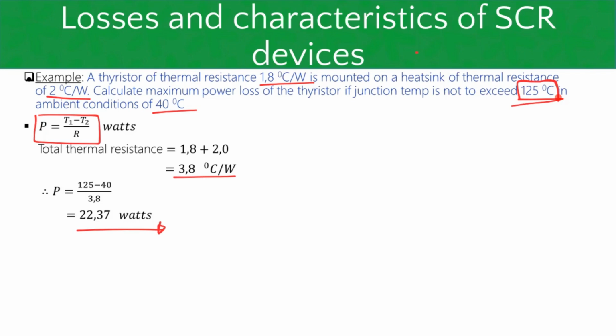But it means you have to adjust the thermal resistance, or maybe adjust the power dissipated by the component as well. I think you don't really have control over the power, but you can have control over the thermal resistance, so you can use a better or bigger heatsink. So there are a few things that one can do to adjust this.